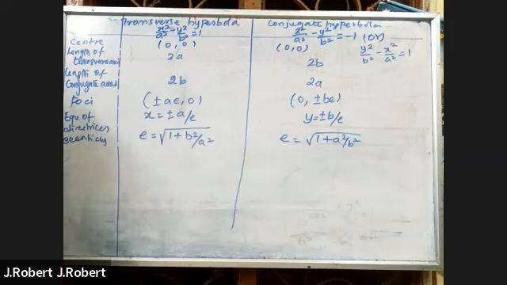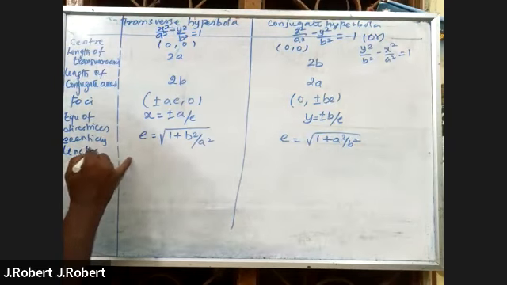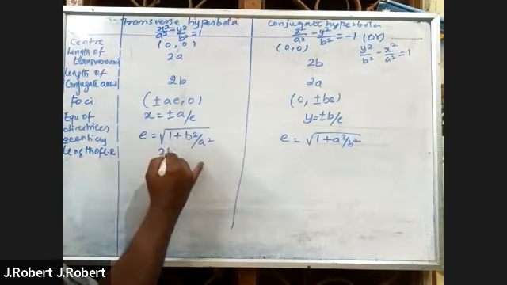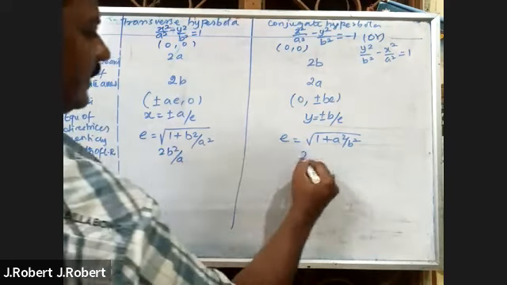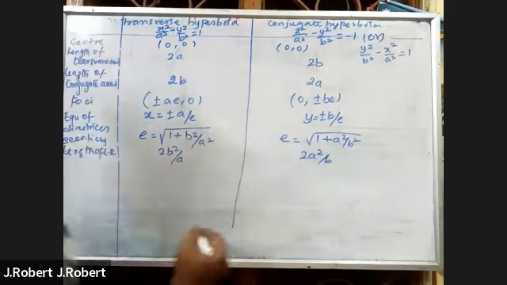Next one. Length of latus rectum: 2b square by a. Here we have 2a square by b.